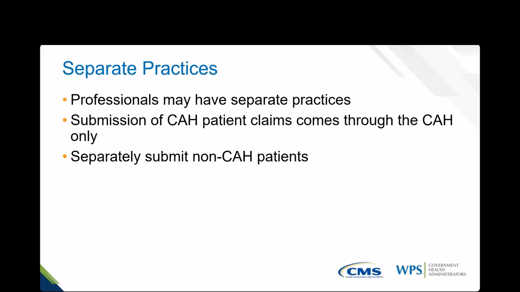For services that are provided within their offices where the patients are not patients of the CAH, then they can separately bill for those. Again, with this method 2 billing, both practitioners really have to pay attention to that reassignment of the benefits and then identify, is this a CAH patient? Is this not a CAH patient?